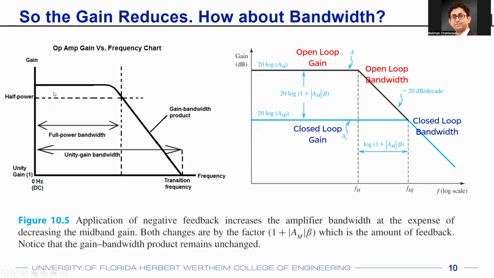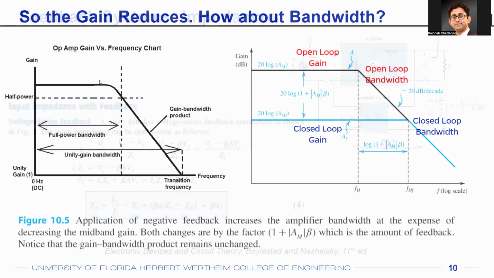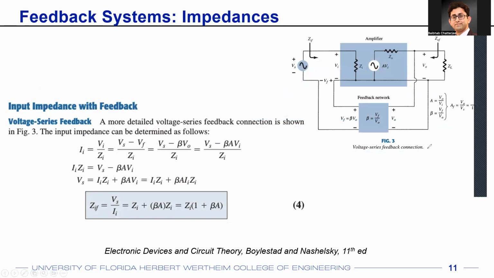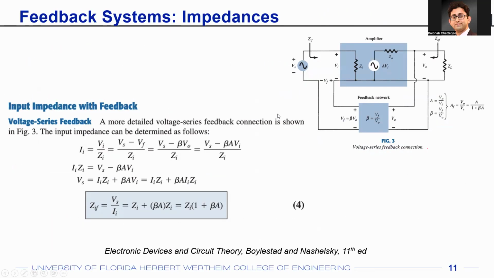And this is the curve. If you look into any op-amp data sheet, you'll see a curve like that, which will tell you up to what frequency you can expect this flat gain. So your gain will be flat up to a certain frequency, and after that it will start dropping.